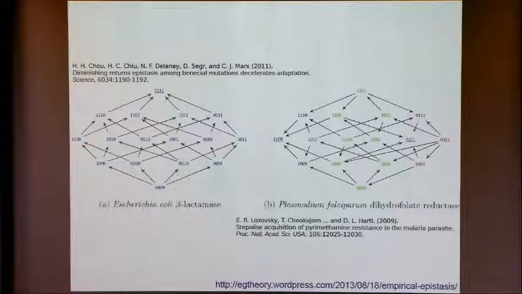So what do these empirical fitness landscapes look like? The first thing that a lot of biologists care about is epistasis.